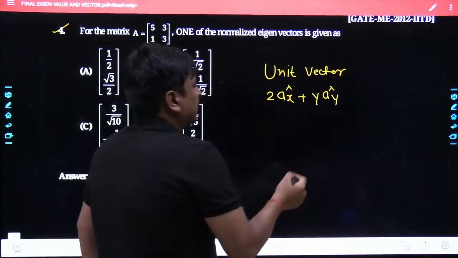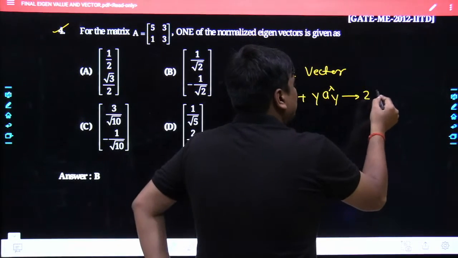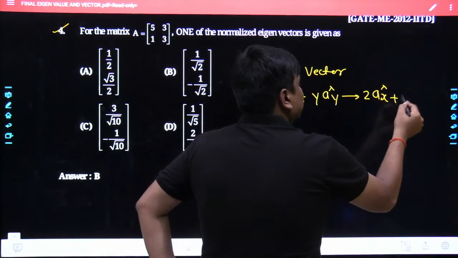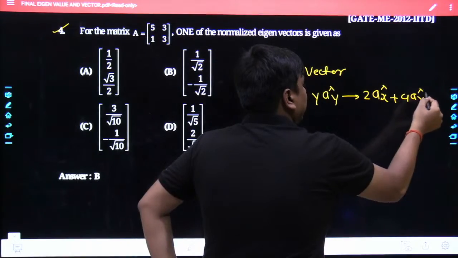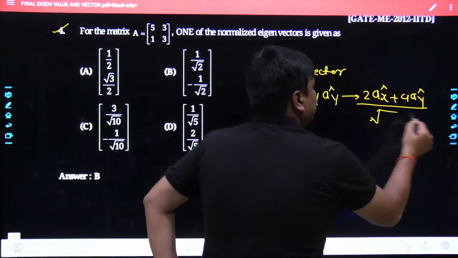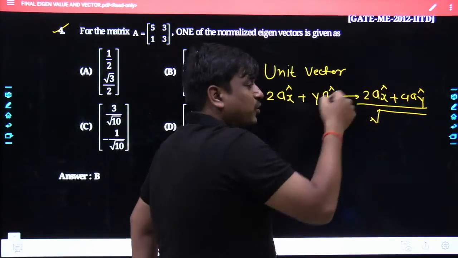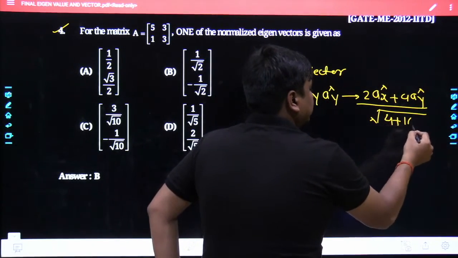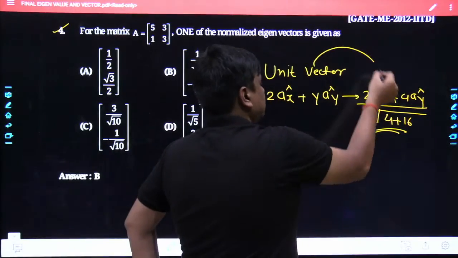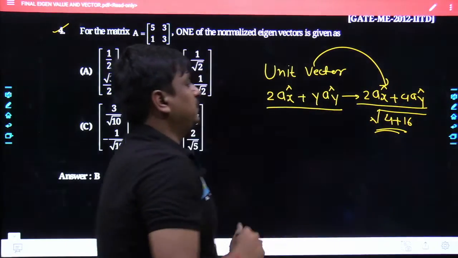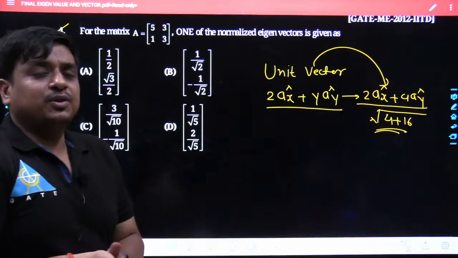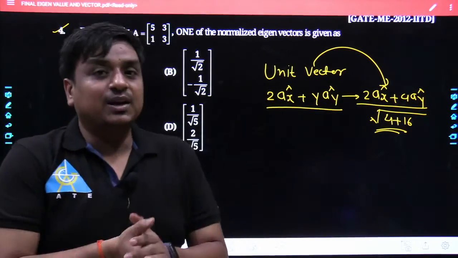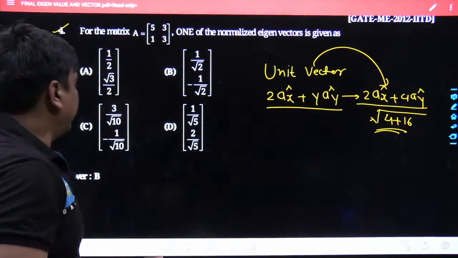You will have 2ax cap plus 4ay cap as it is, and in the denominator you divide by its magnitude, which is the square root of 2 squared, that's 4, plus 4 squared, that's 16. That is the unit vector of the given vector. The same concept is applicable to the eigenvector.